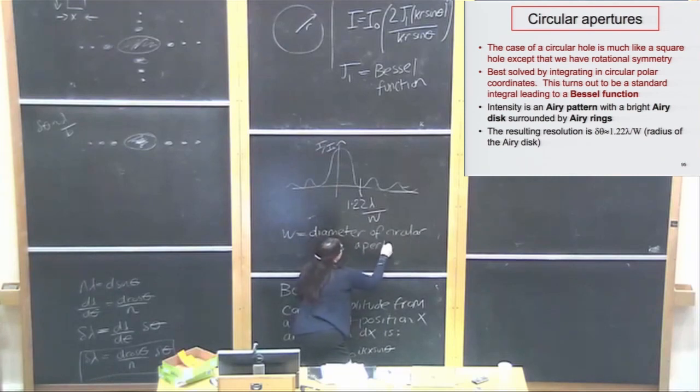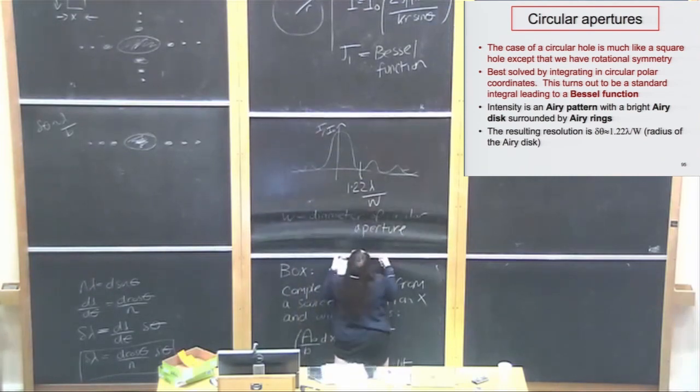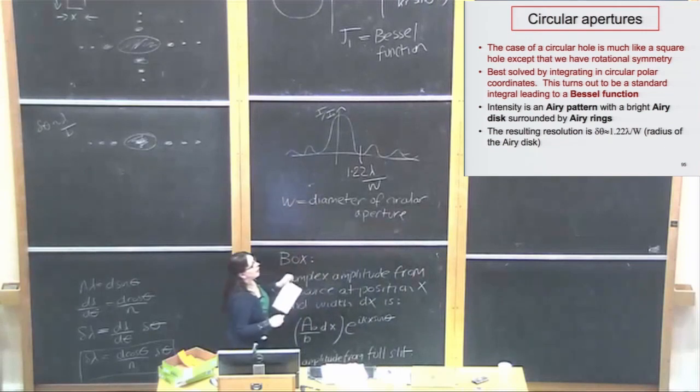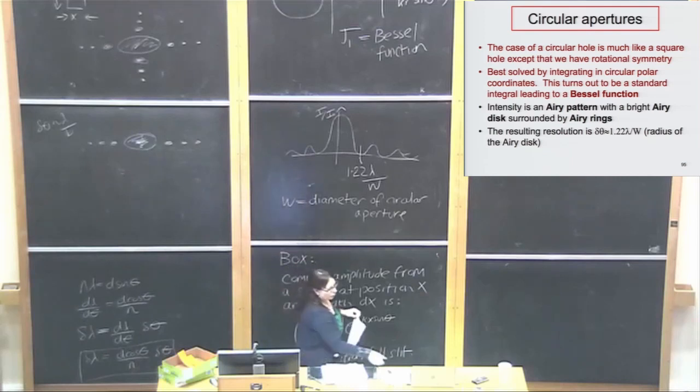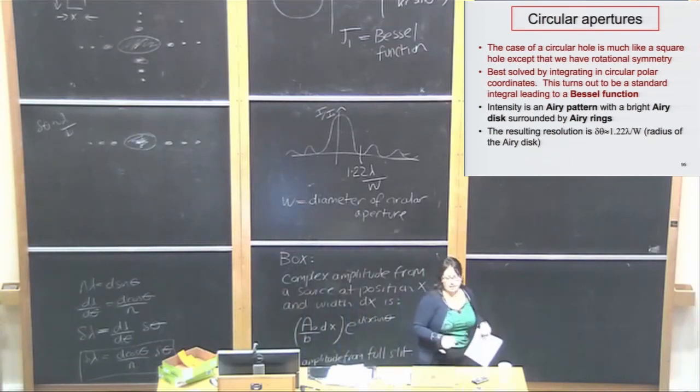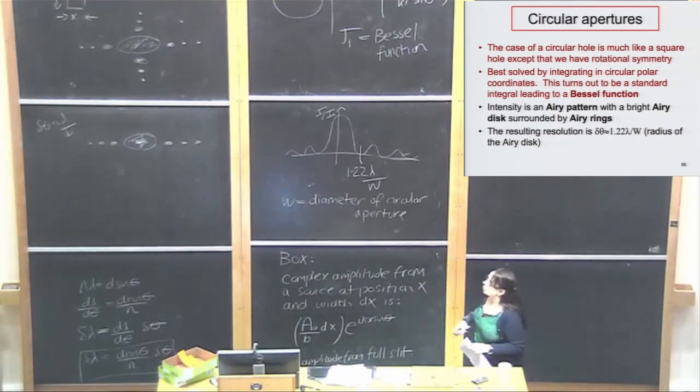So you'll recognise the lambda over W bit looking a bit like lambda over b, but the 1.22 factor just comes from the form of the Bessel functions, if you need to solve that thing that I've just drawn there and figure out when it first goes to 0. It just turns out that the 1.22 comes from that.